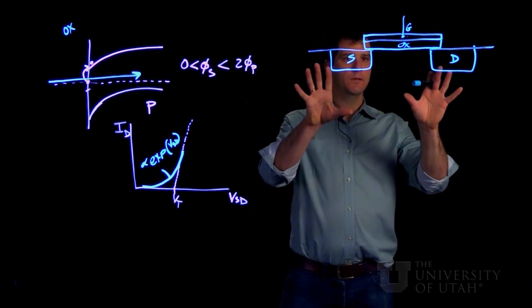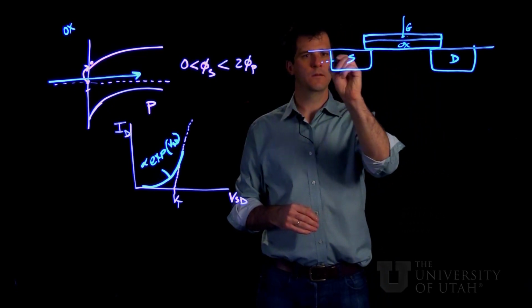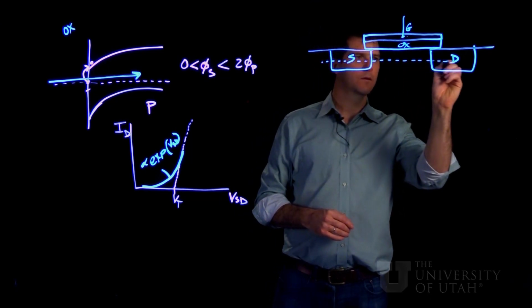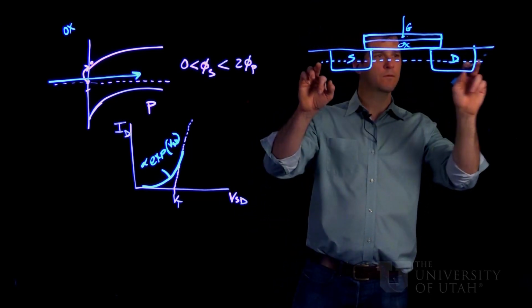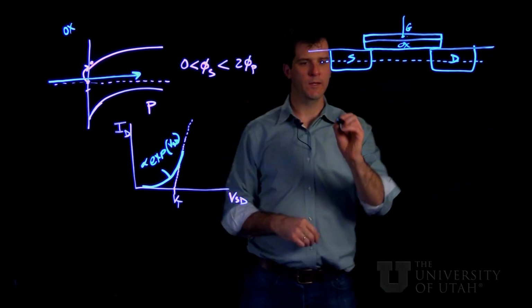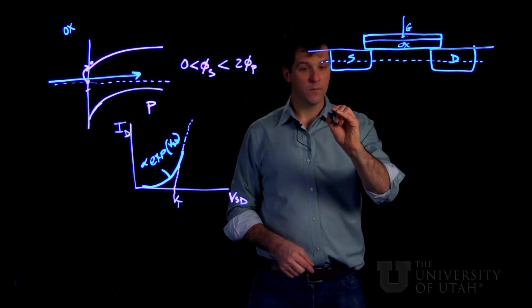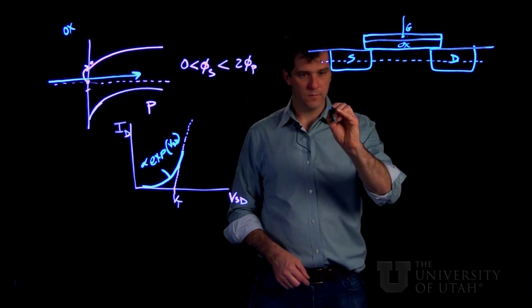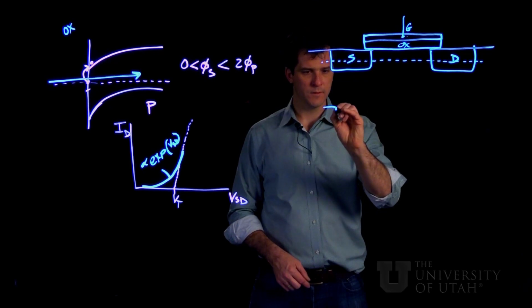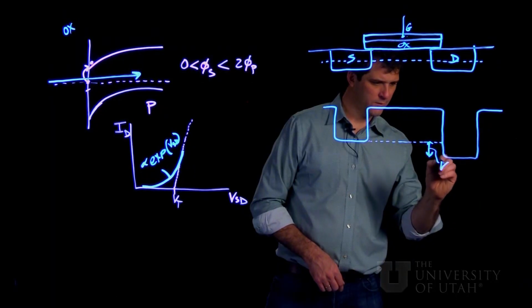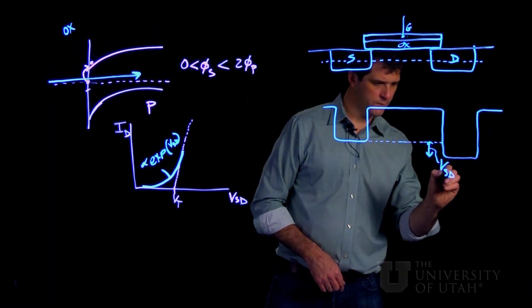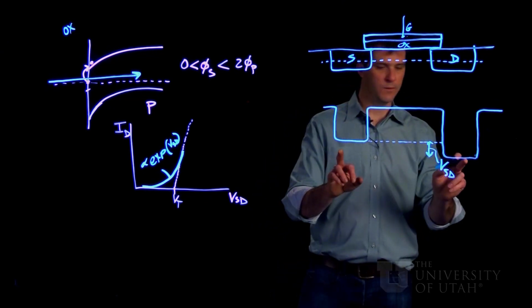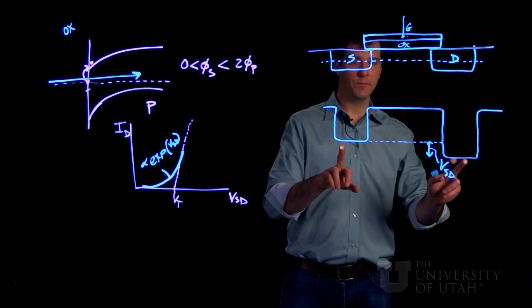And if we take a cut along this line here and make a band diagram, what we'll see is that it should look something like this. So our V source drain appears here in the difference between these two portions.